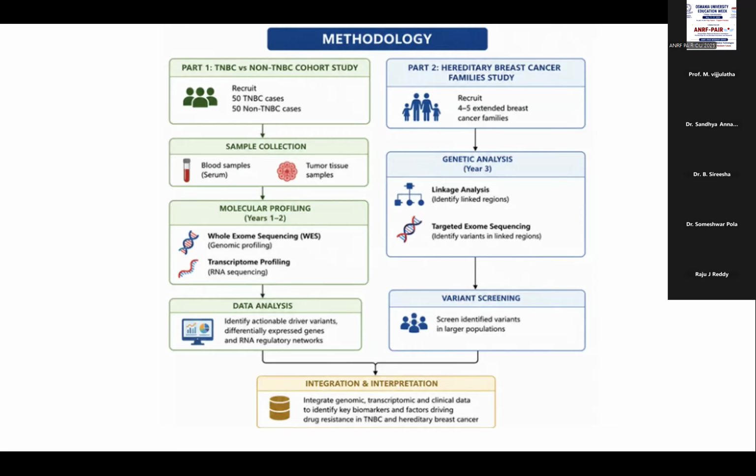The second component is the hereditary breast cancer family studies, because there are very few family-based studies, where mostly they were only focusing on BRCA1 and BRCA2. So we are recruiting around 4 to 5 breast cancer families where linkage-based analysis and targeted exome sequencing will be conducted to study the non-BRCA germline variants with clinical importance.